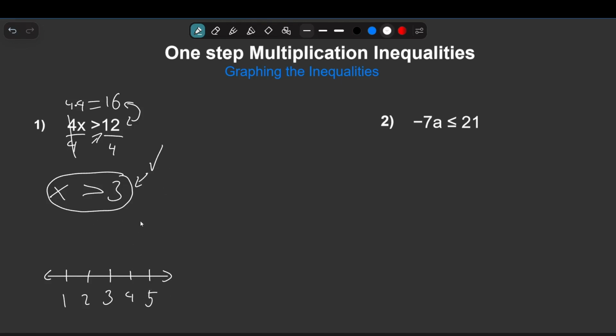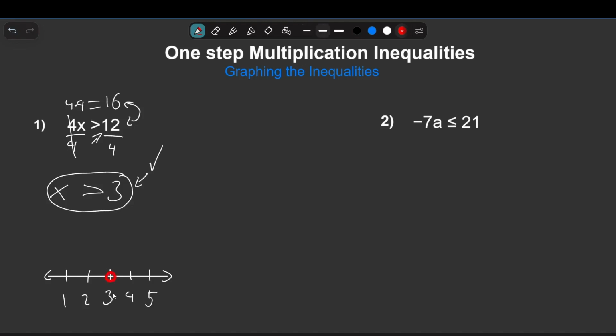I just want to say one thing about how to graph this now. As you guys can see, we have greater than 3. Let's say we had greater than or equal to 3. Then the number line would be a bit different. But I'm going to show you guys why. If you are not including the 3 in your answer, you have to draw an open circle on your number line, like this.